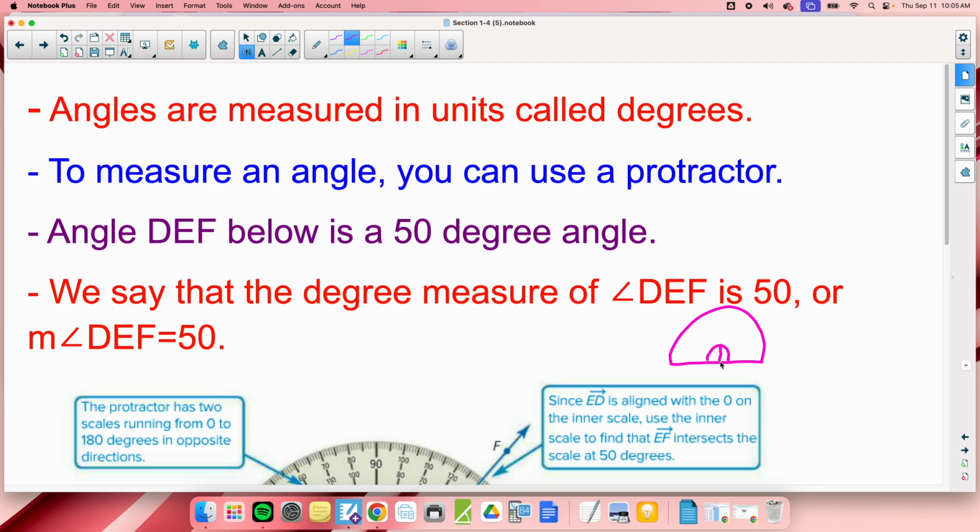This point right here is where you're going to put the vertex of the angle that you are measuring. Now, the people that I gave a protractor with the hole in the middle, the bottom of your protractor is going to lie along the angle. So if this is my angle, okay, you would line up that half moon, and then the bottom is gonna line up with one of the sides, okay?